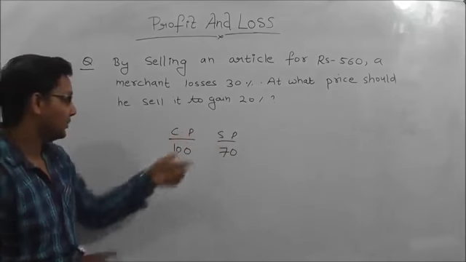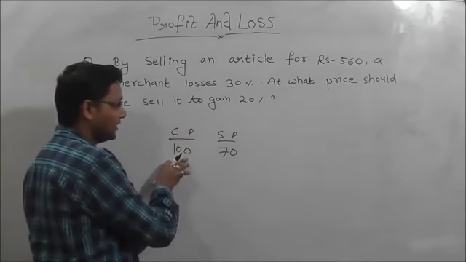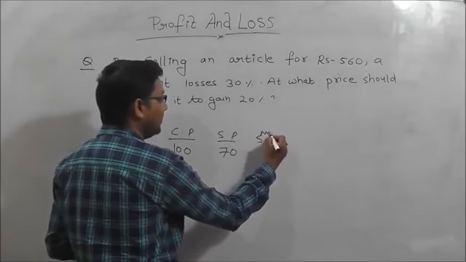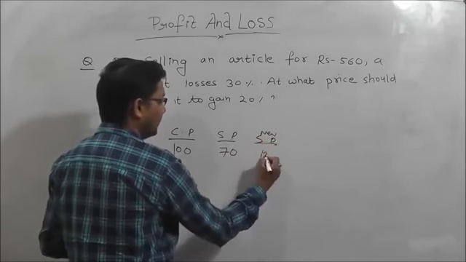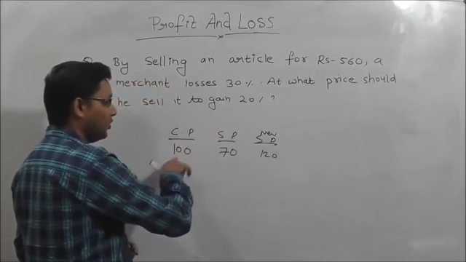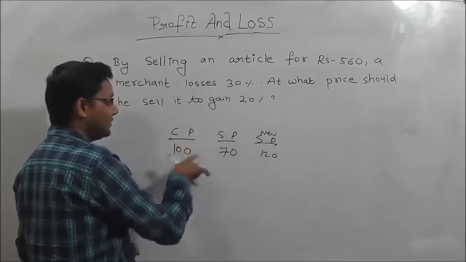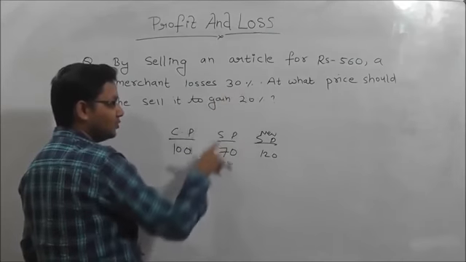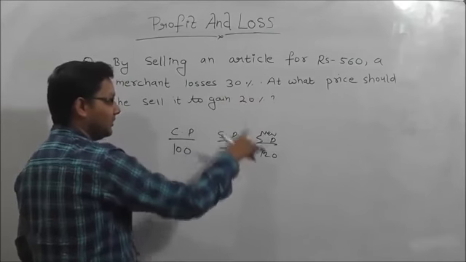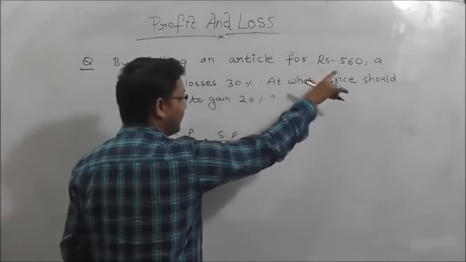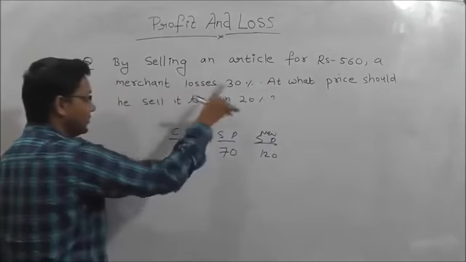To gain 20%, the new selling price will be 120% of cost price, so 120. In case of loss it is 70% because 30% loss; 20% gain, so 120.